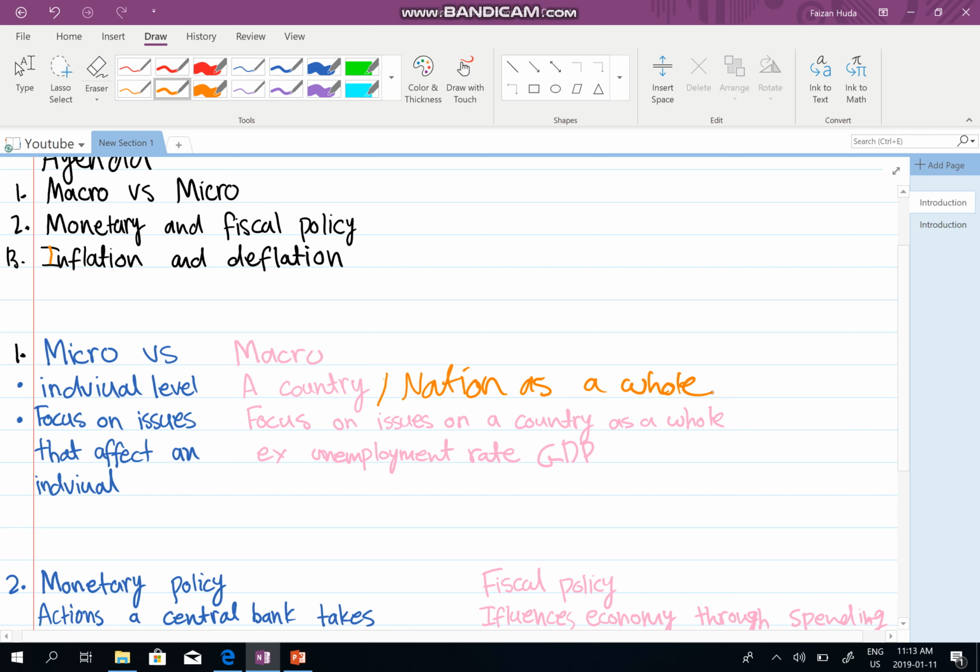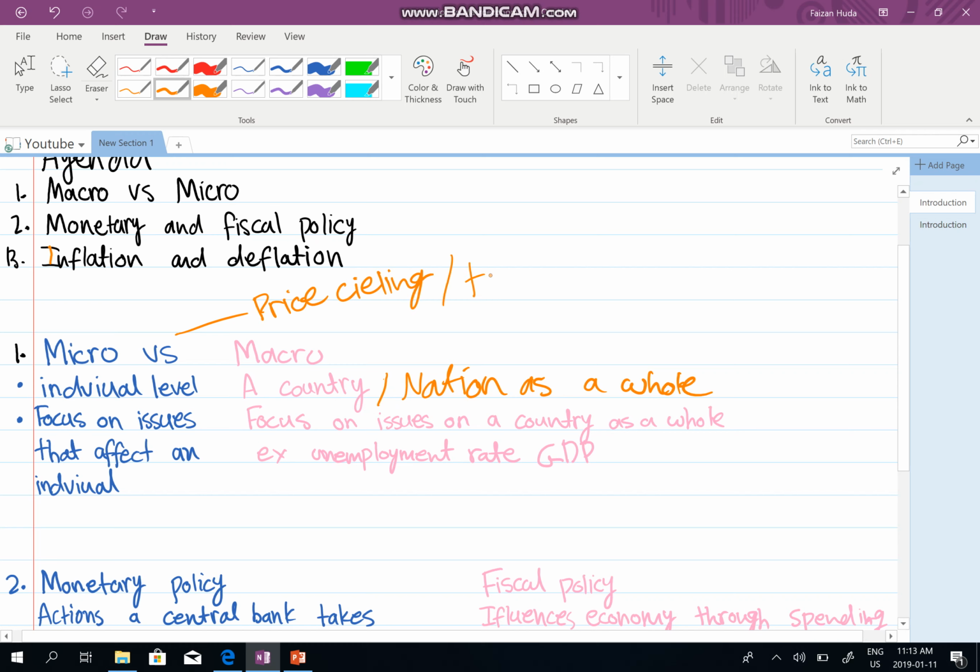So, in microeconomics, we focus on issues that affect individuals and companies. This could mean studying the supply and demand for a specific product, the production that an individual or business is capable of, or the effects of regulations on a business. For example, in micro, we learned the effects of a price ceiling on a business, and other regulations like that.